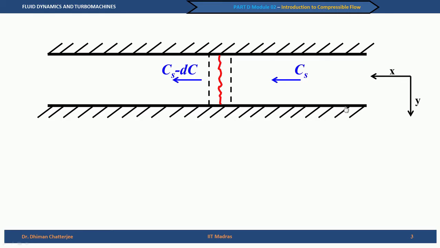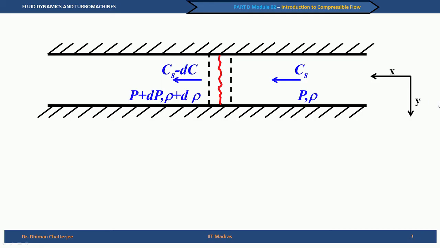Now, the fluid which is downstream, which is now to the right, will have these undisturbed pressure P and density rho, and the fluid to the left, which is already under disturbance, will have a pressure, let us say, P plus dP and rho plus d rho. Please note once again that the x direction in this picture is from right to left.